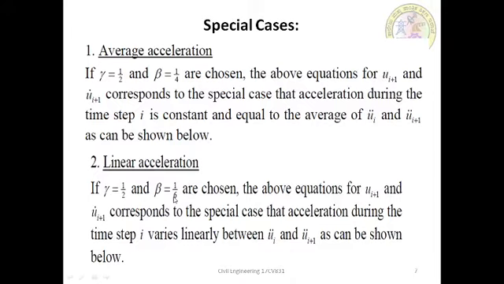When beta becomes 1/6 in the Newmark method, we call that the linear acceleration method, where the acceleration varies linearly between time steps ui and ui plus 1.